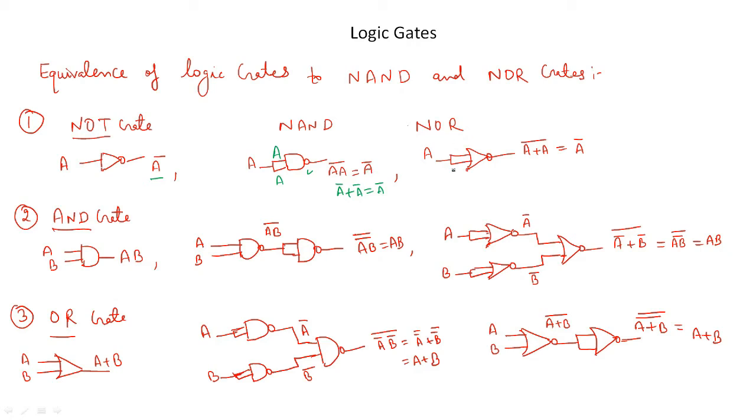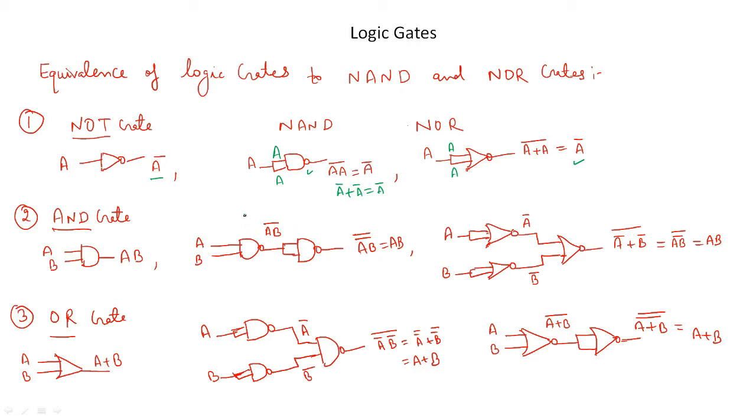For the NOR gate, if the input is A and we apply the same two inputs to the OR gate, then you can see that this input is A, this input is A, and this is your OR gate. So after it you will have the output A plus A, but after the inversion the output will be the complement of A plus A, and because A plus A is equal to A, your output will be A bar.